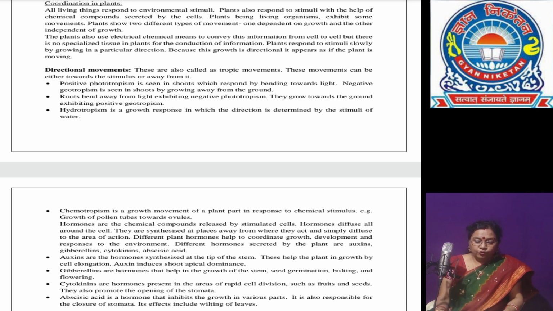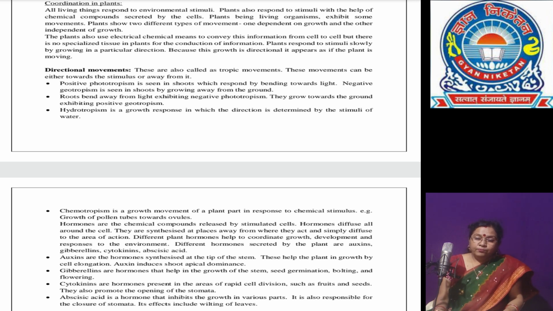It helps in closing of stomata and it affects wilting of leaves. So we can say that auxins regulate the plant metabolism, and abscisic acid, also known as stress hormone, inhibits the metabolic activities in the plant.